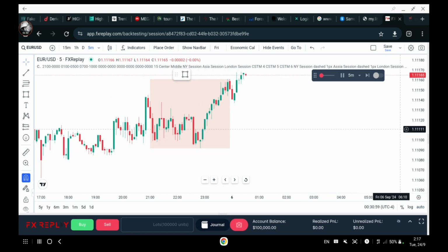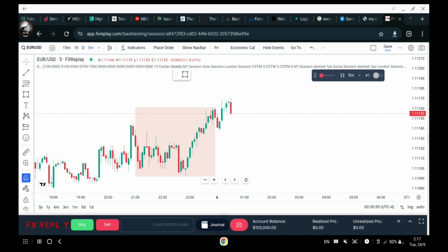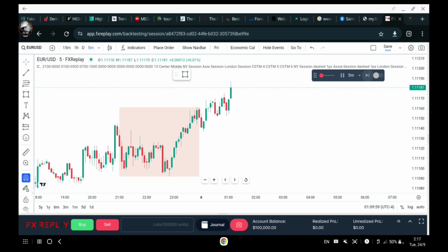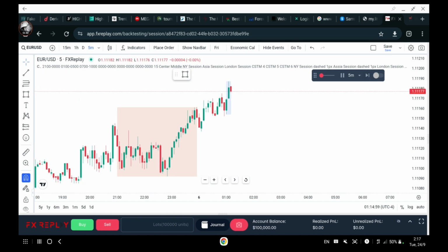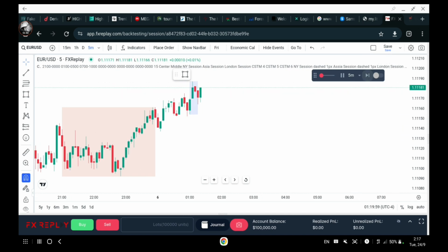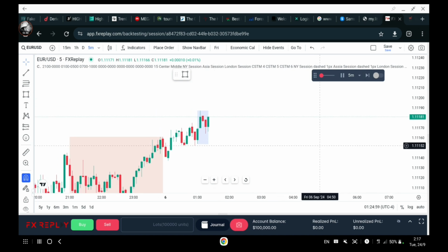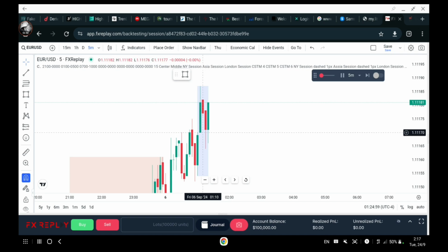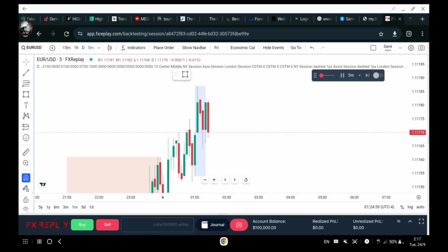Swept the high, so we're looking for sell setups. Okay, we have a fair value gap there. It wasn't inverted. We marked the whole fair value gap, including this gap right here, or volume imbalance, whatever you like to call it.